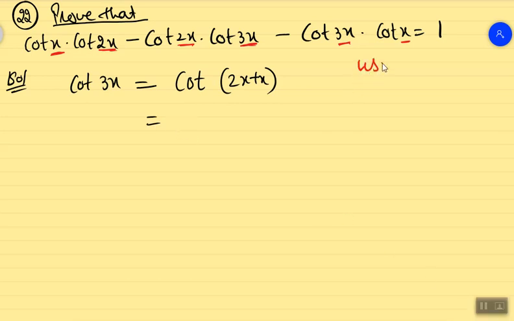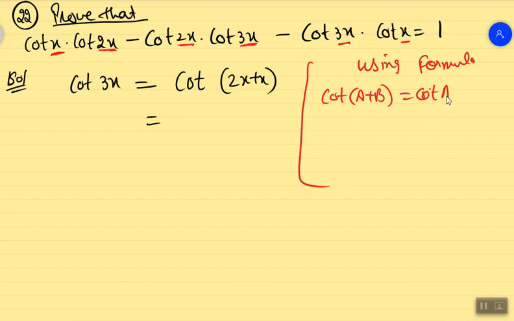Using the formula, cot (a plus b) is equal to (cot a cot b minus 1) over (cot a plus cot b). This formula I have already proved. Without formulas, we can't do trigonometry.